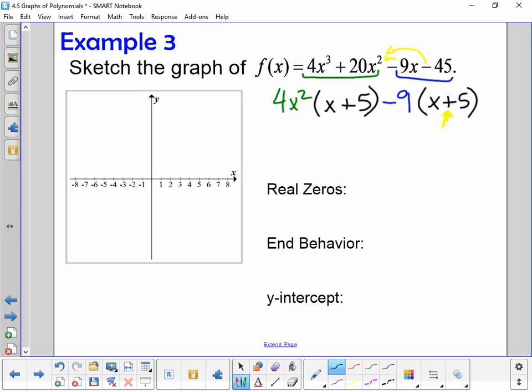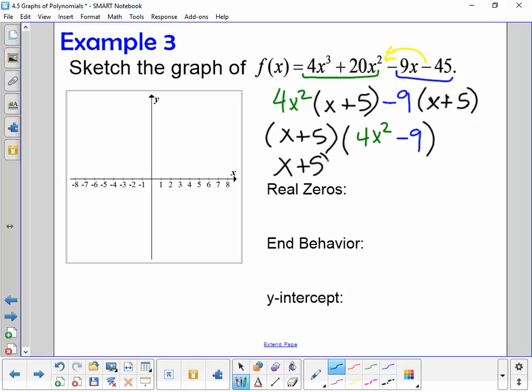Now you might notice that we have an x plus 5 in each. Whoops, I erased my x plus 5. We have an x plus 5 in each of those terms, and we can factor that to the front. What that leaves us with is, in this first spot, 4x squared minus 9. X plus 5 can't be factored anymore.